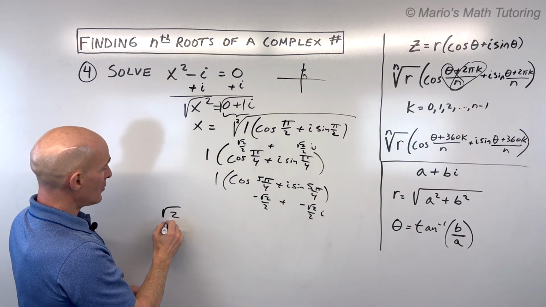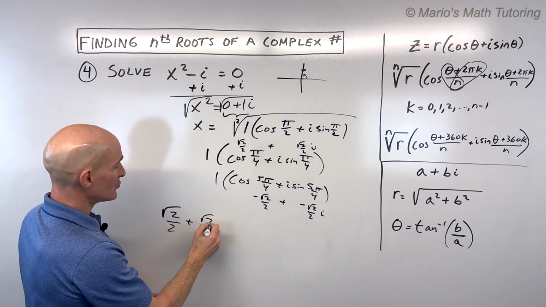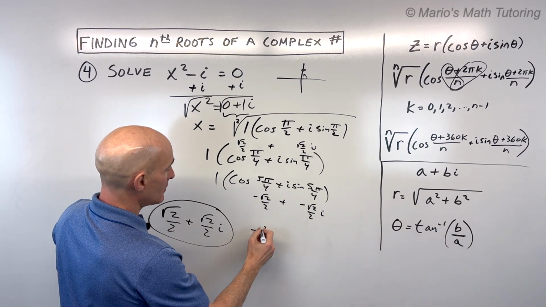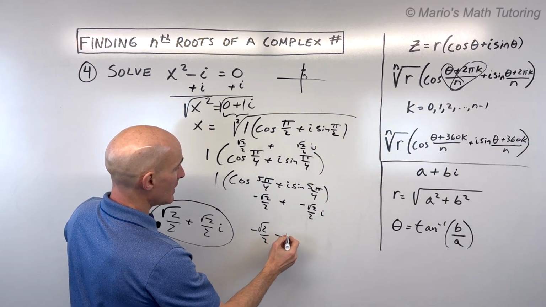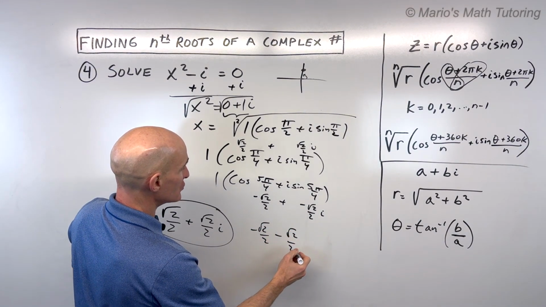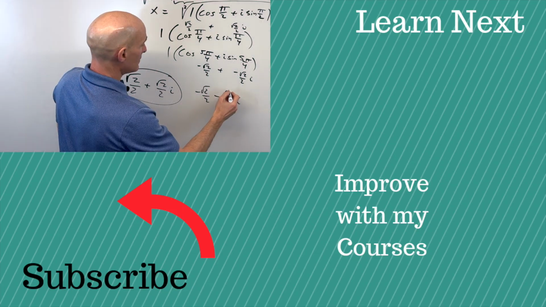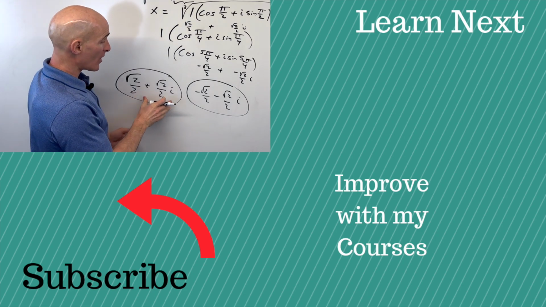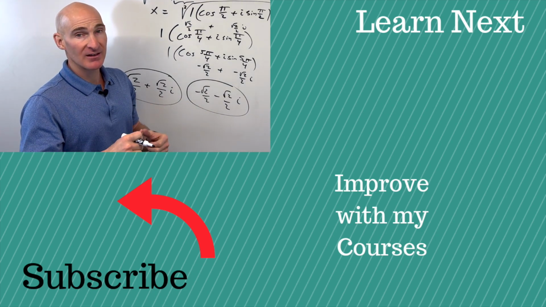So we're just getting root 2 over 2 plus root 2 over 2 i, and we're getting negative root 2 over 2 minus root 2 over 2 i. And those are your two complex numbers. Now, if you want to check your work, you could square these and you get back the original.